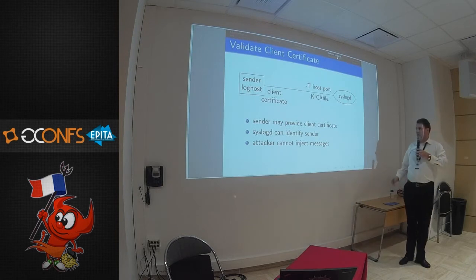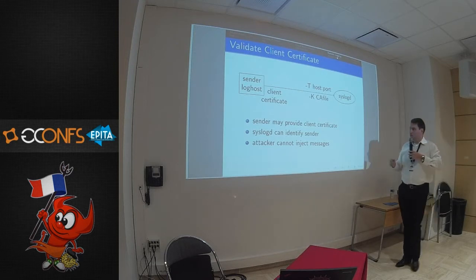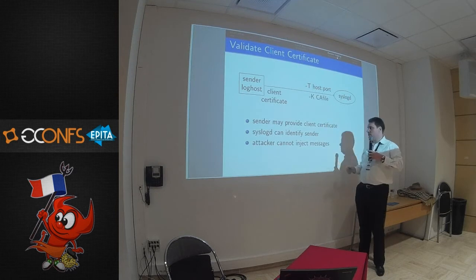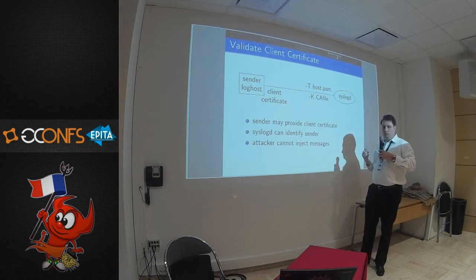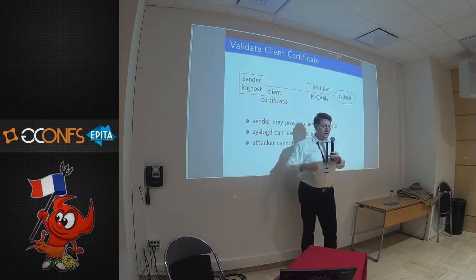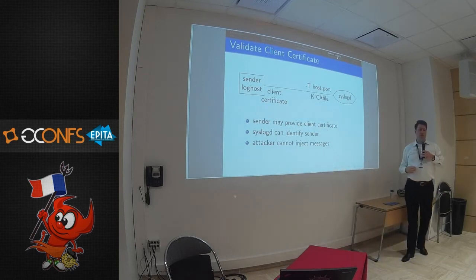And every time a sender tries to connect to us, we ask him, show me your client certificate, and we check whether it's signed with this CA, and if it is, we take the message, otherwise we don't take it. That means the Syslog can identify the sender who wants to talk to us, and the attacker cannot inject messages. So nobody else is allowed to send something to us.